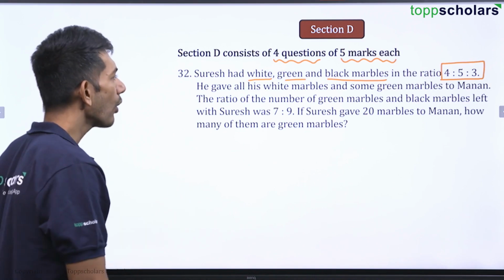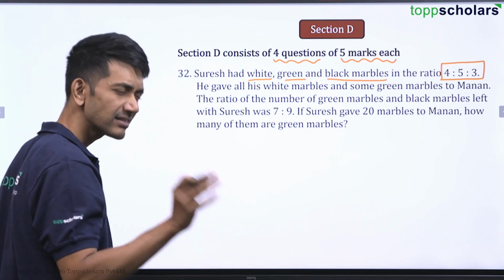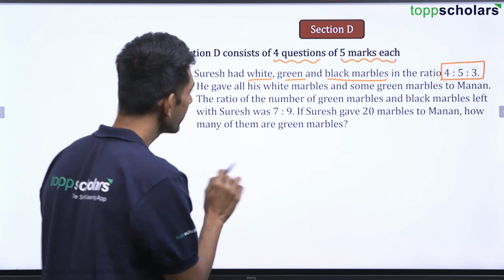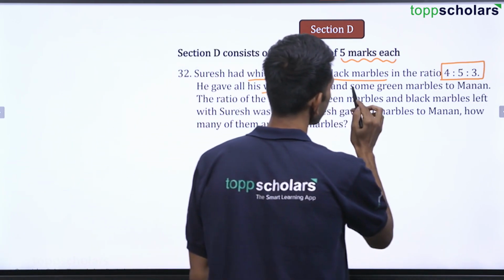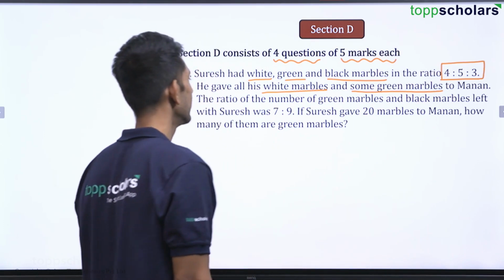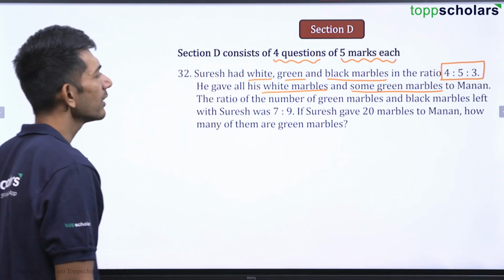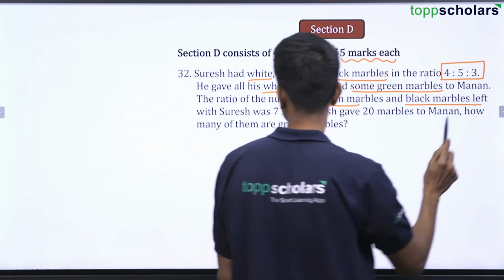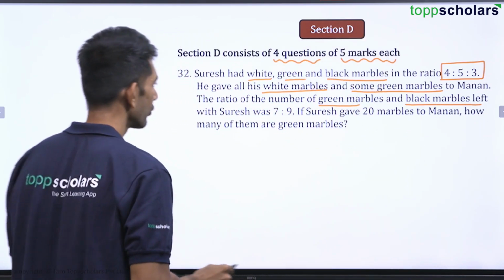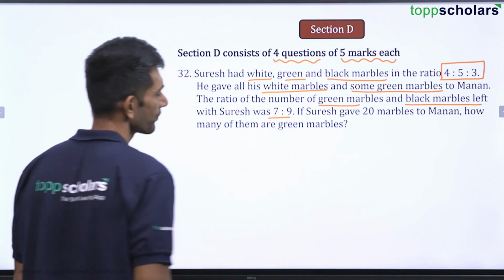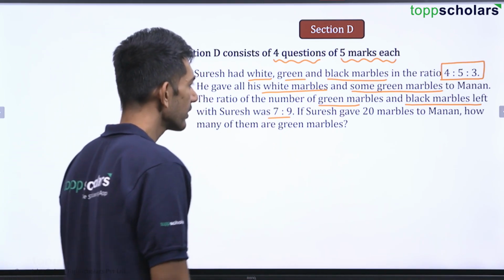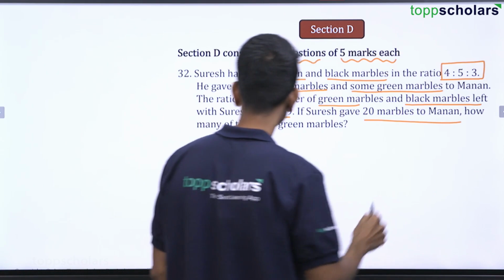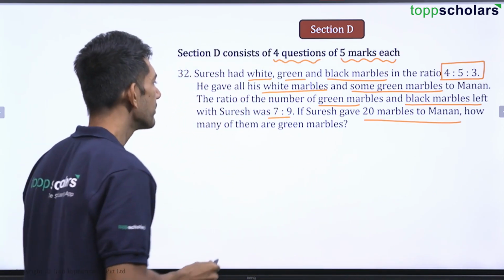He gave all his white and some green marbles to Manan. The ratio of the number of green marbles and black marbles left with Suresh was 7:9. If Suresh gave 20 marbles to Manan, how many of them are green marbles?